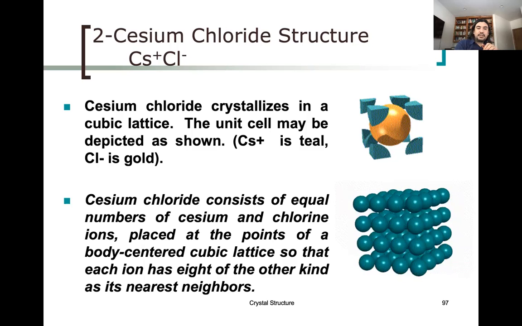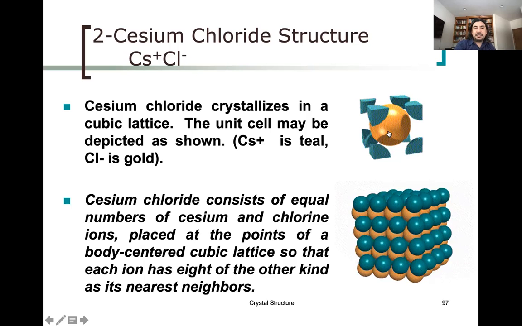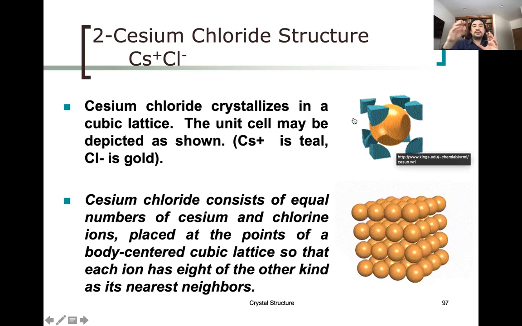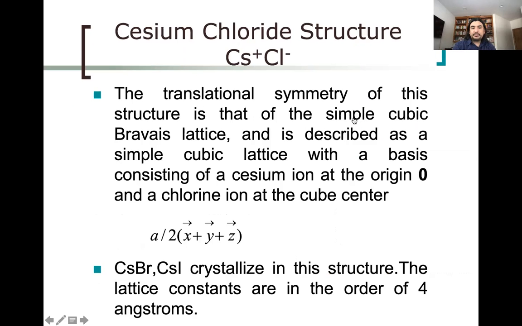You can think of this one as each ion having 8 neighbors of the other kind around it. So you can think of this one as a BCC lattice, body centered cubic, where the center ion is different from the nearest neighbors. And if you shift it so that the other one is on the center, it looks the same. They're identical to each other.